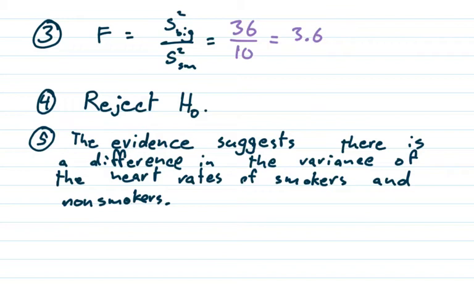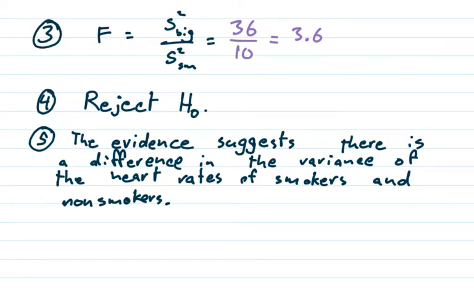And then step 5, we summarize the results. So we rejected the null hypothesis. That means using the language of the research question at hand or the problem that we're doing, we're going to say essentially the evidence says or shows or illustrates or suggests or supports, and then we're going to say whatever H subscript 1 was.